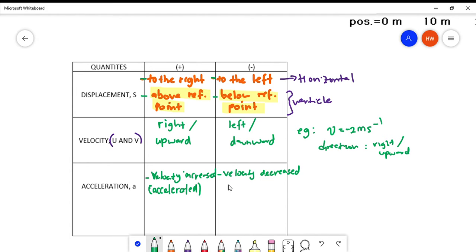Kalau velocity decrease ni kita panggil apa term dia? Yes, decelerated. Ataupun ada satu lagi terms yang kita boleh guna untuk decelerated ni. Siapa tahu? Huruf R. It starts with R. Yes, retardation. Okay, retardation.